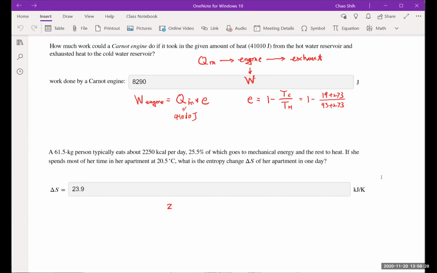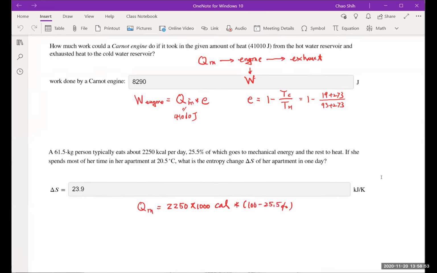You multiply the Calorie with the percentage that actually becomes heat. So this is actually the heat in, because some of the heat becomes work. That will be 100% minus 25.5, because we know 25.5 becomes work, and that will be the percentage of the heat that actually gets in.